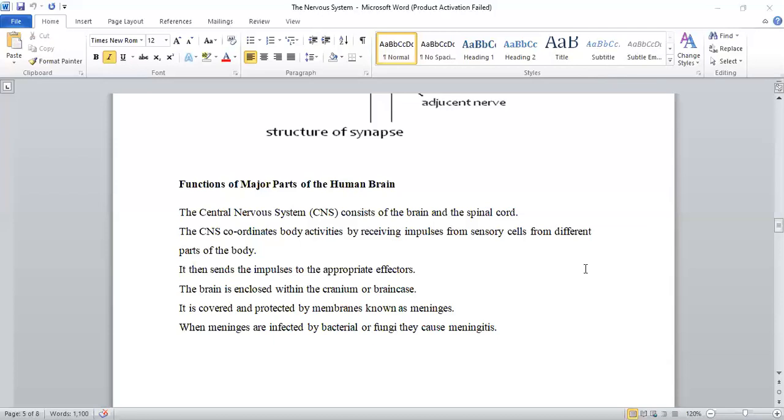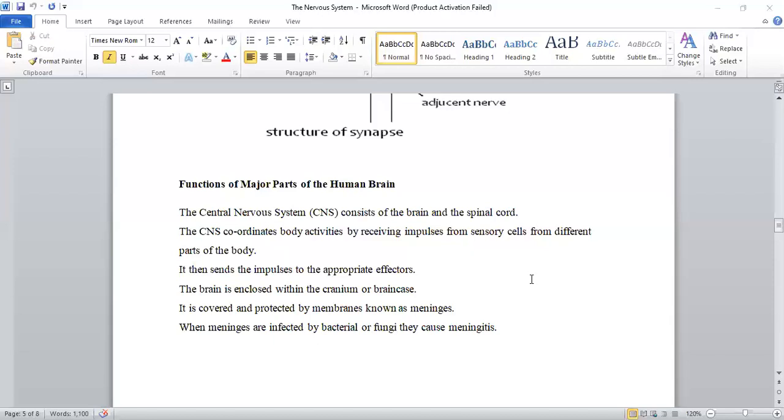So remember, the CNS is supposed to act after the impulse has been transferred from the sensory organs to the CNS through the work of the nerves. So there must be these impulses, and then the impulses are sent to the effector organs. Remember, good examples of effector organs are glands and the muscles.